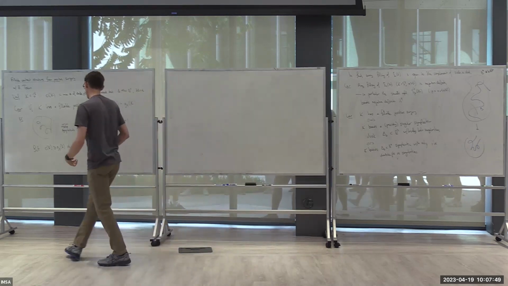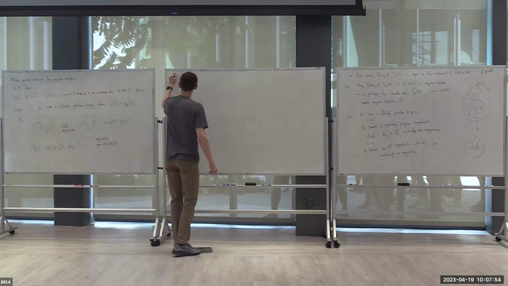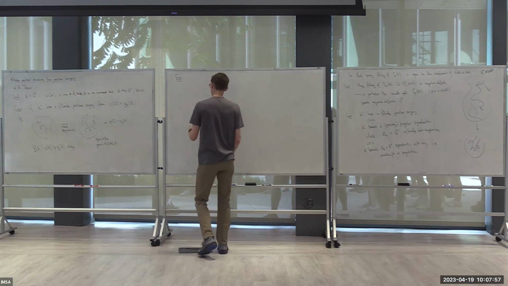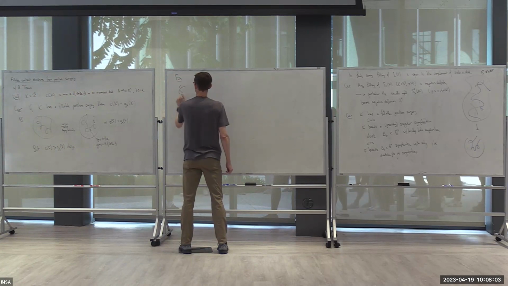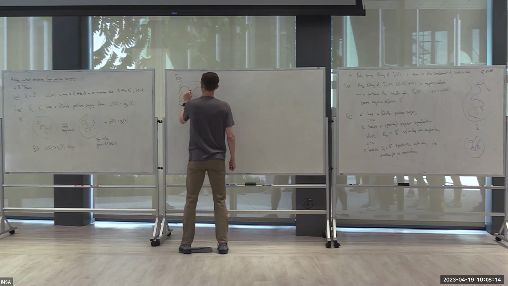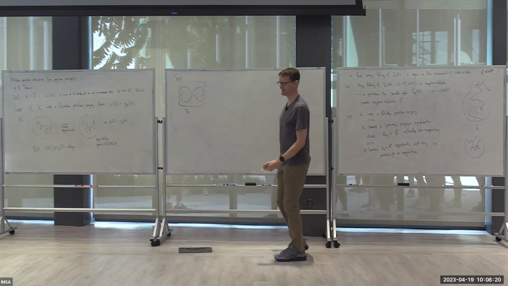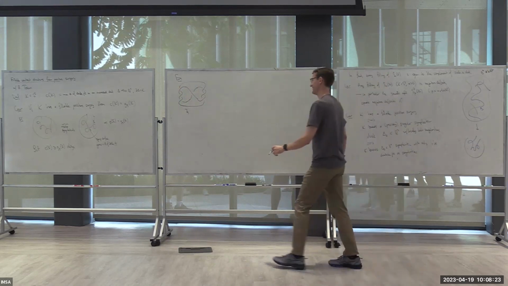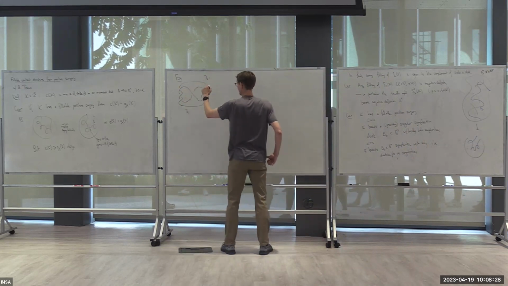So, for example, you could look at 7.4. That's supposed to be drawn so that it's positive. So 7.4, I think I said it's a 7 crossing knot, hopefully.